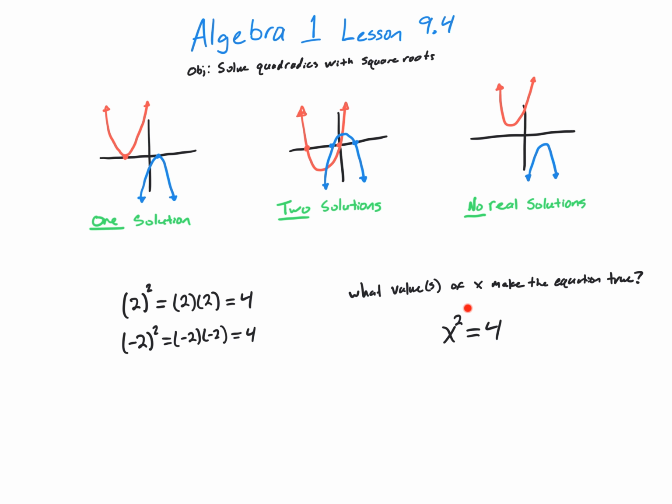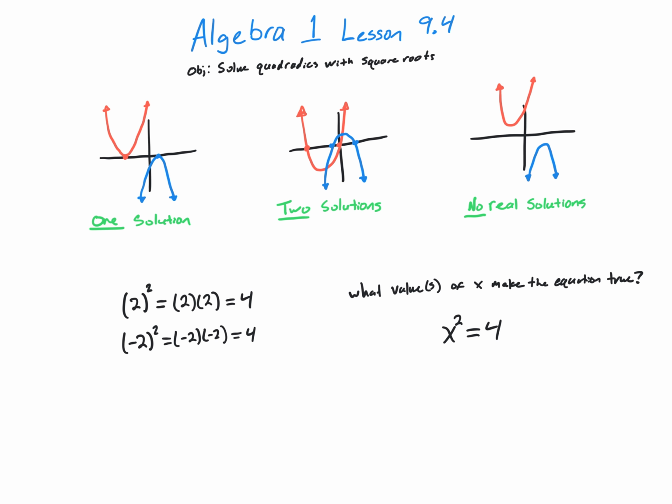So if I were to ask you what values of x make this equation true, you'd have to think, well, if I put 2 in here, it would come out to be 4. But it would also be true if I put in negative 2. It'd also come out to be true.